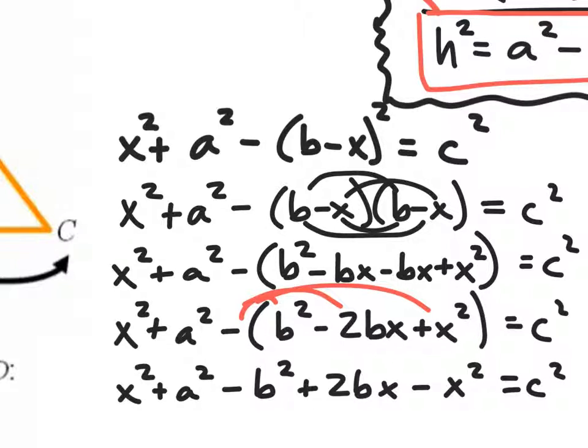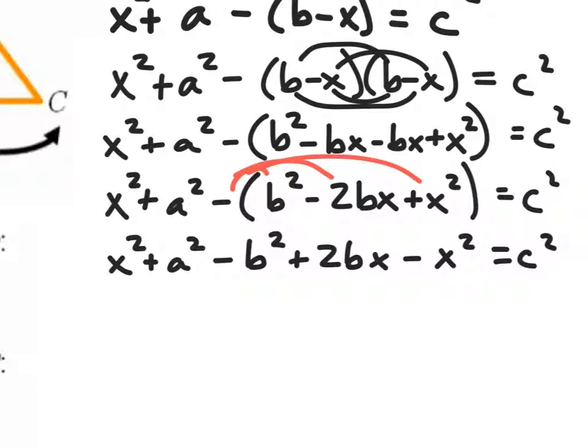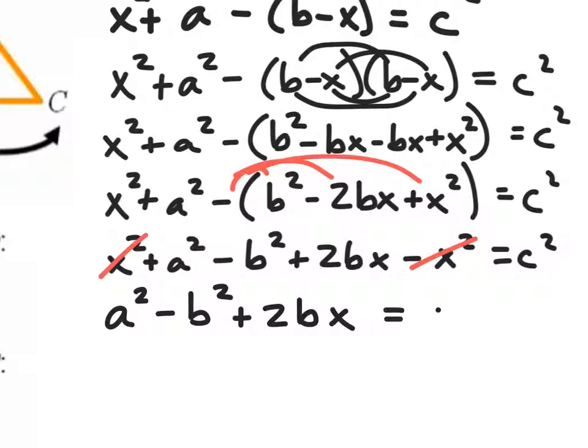Okay, so let's clean this up. Notice that your x squareds cancel out. Okay, and so then you're left with a squared minus b squared plus 2 times bx is equal to c squared. Okay, so we're down to here.